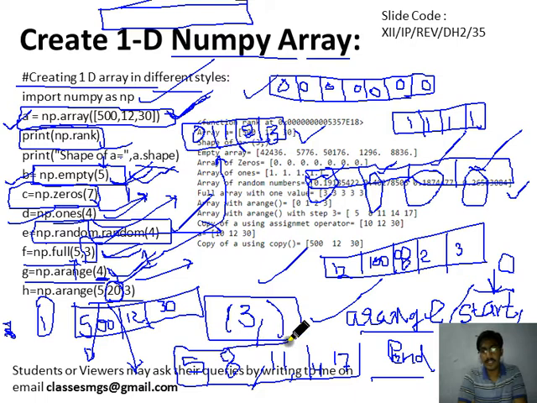So we will stop at 17 only. So it will create a numpy array 5, 8, 11, 14 and 17. You can see this here also: 5, 8, 11, 14 and 17.